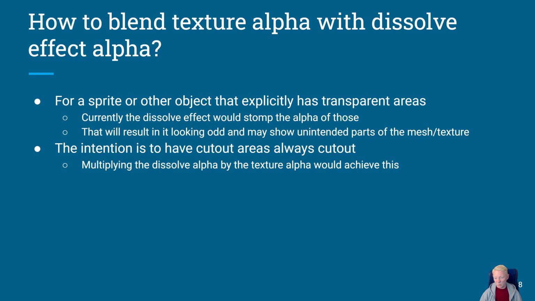The most simple way to achieve this would be to multiply the dissolve alpha by the alpha from the texture of the particular object. It will still do the dissolve effect, but those areas that are cut out by the alpha threshold are still going to remain cut out. So you won't get those odd colors and things like that appearing.